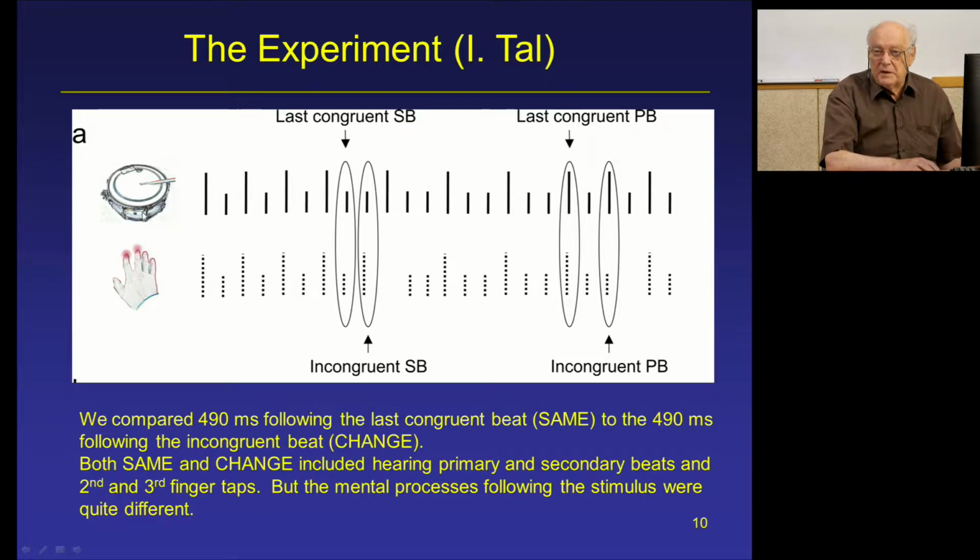Here is the experiment. The subject listens to a drum beat, something like boom, tick, boom, tick, boom, tick, or boom, tick, tick, boom, tick, tick. He is asked to tap with 2 fingers to the rhythm of the drum beats.